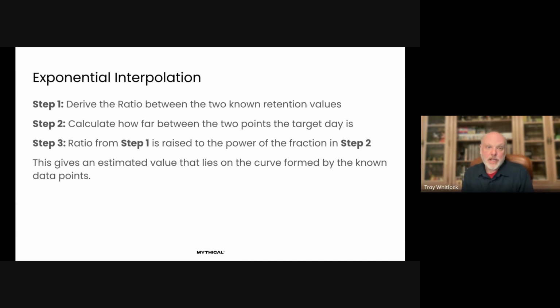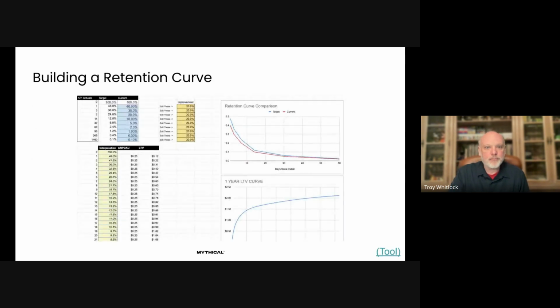And then step 3, we take the ratio from step 1 and raise it to the power of the fraction in step 2. And if that doesn't make any sense to you, because I struggle with this as well, ChatGPT is your friend, and it knows all about exponential interpolation, and it can tell you how to build a forecast model to do this, which is how I built this.